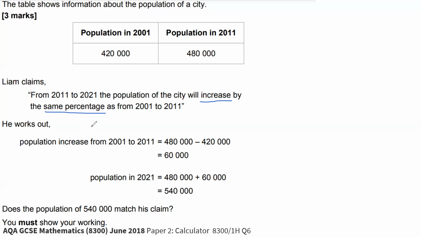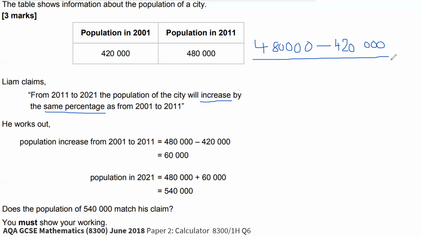To work out the percentage increase, we need to start by finding the difference. So for that, we'll do 480,000 minus the initial population, that's 420,000.